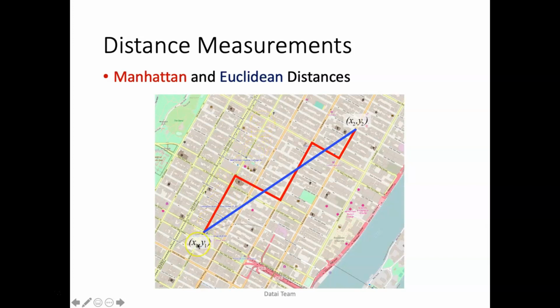What this means is that when we get the Manhattan sum, we look at the distances between x1 and x2 and y1 and y2. And the distance from point 1 to point 2 is equal to the sum of x2 minus x1 plus y2 minus y1.